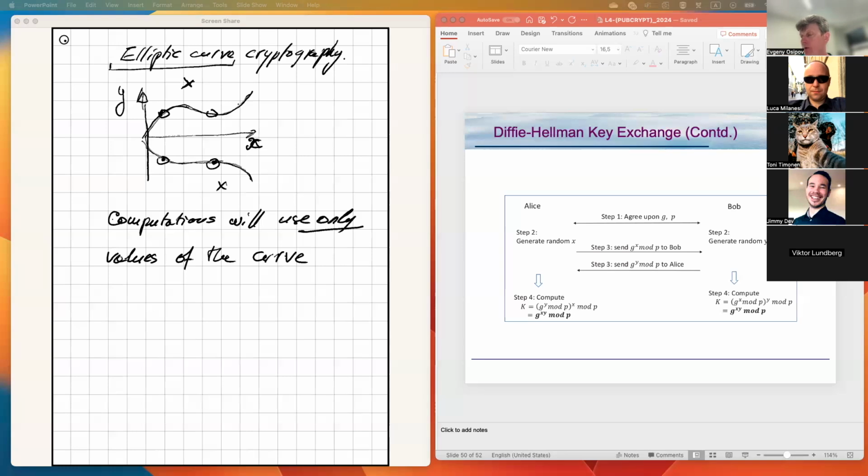On a very high level, this is the first principle: we want to limit our range of values for pairs x and y to this curve. And secondly, all computations will be done on transformation of coordinates.